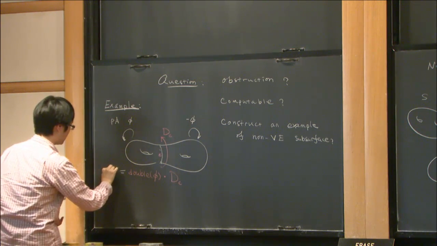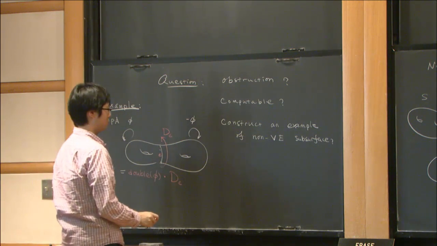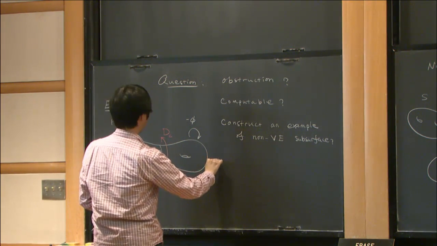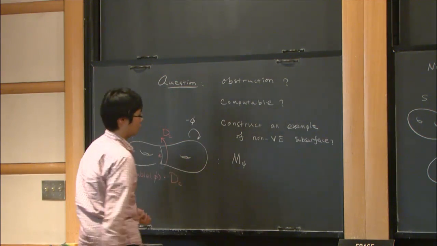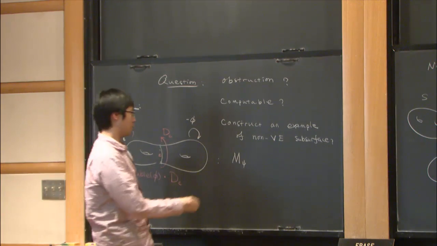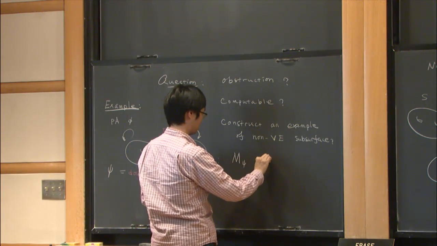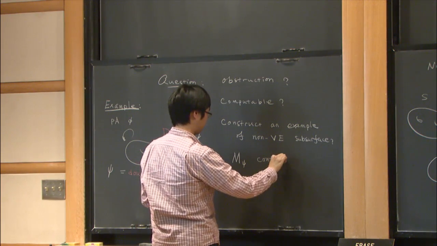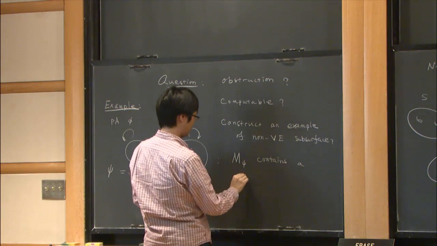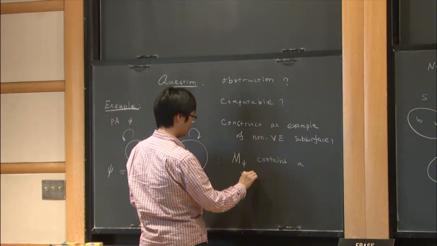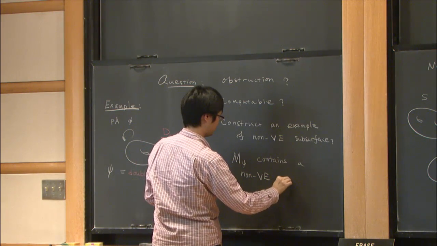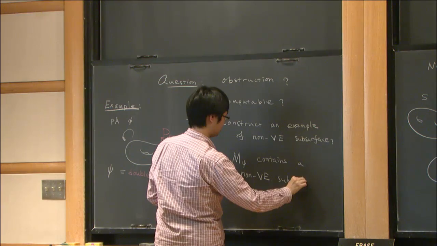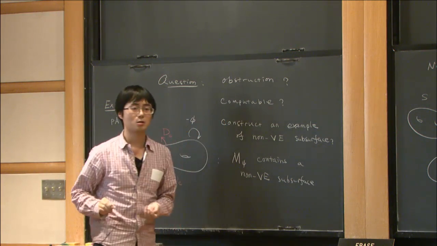Let's denote this as C. Then the claim of the example would just be that the mapping torus of C contains a non-virtually embedded subsurface.